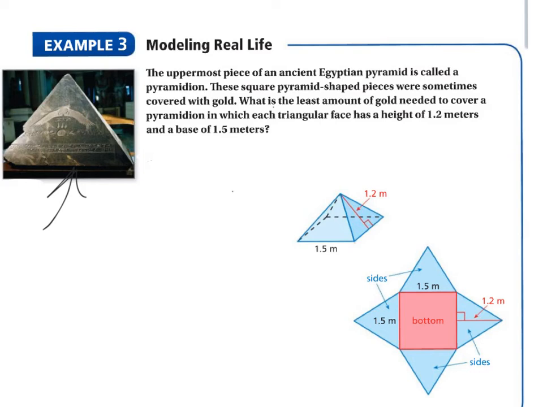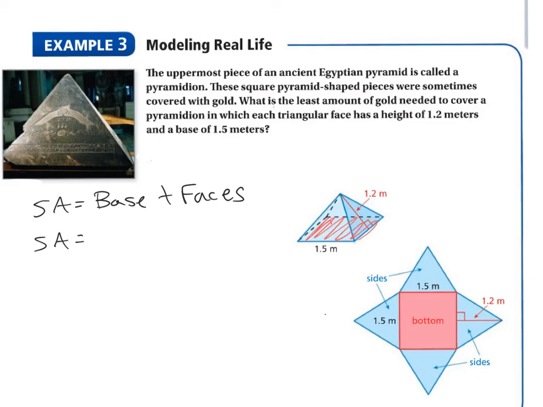I'm going to run out of room in this scenario, so sorry guys, let's go ahead and come back down here. Okay, so the surface area is equal to the base plus the faces, right? Let's look at the base here, the square base.